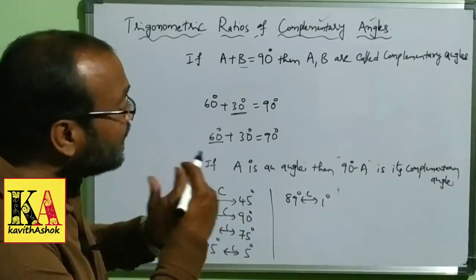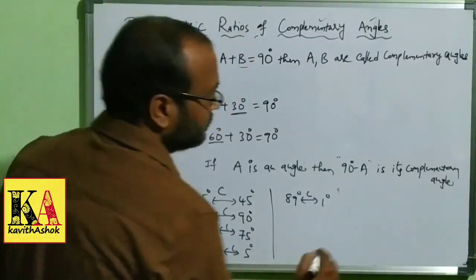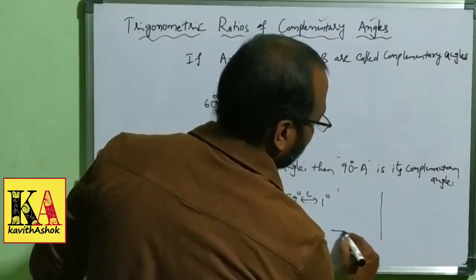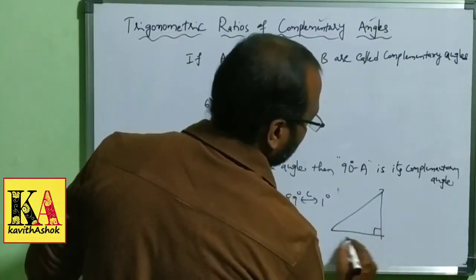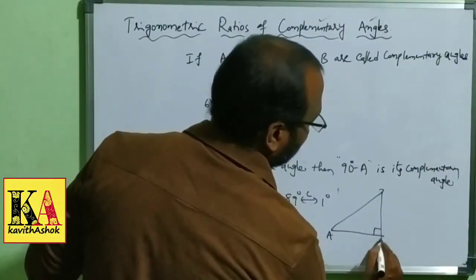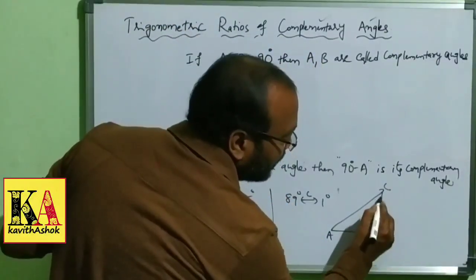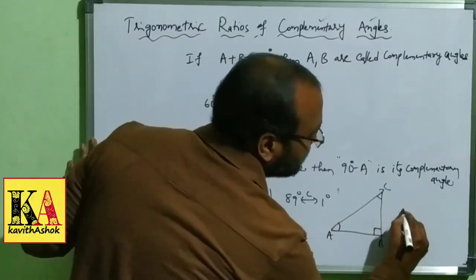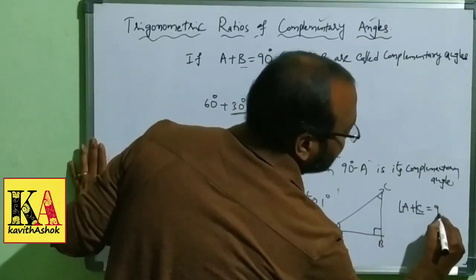Now, what is the importance in the trigonometric ratios? Simple. If we take one right angle triangle ABC, this is 90 degrees, already we know. Since this is 90 degrees, what is the sum of these two angles? Angle A plus angle C will become 90 degrees only.